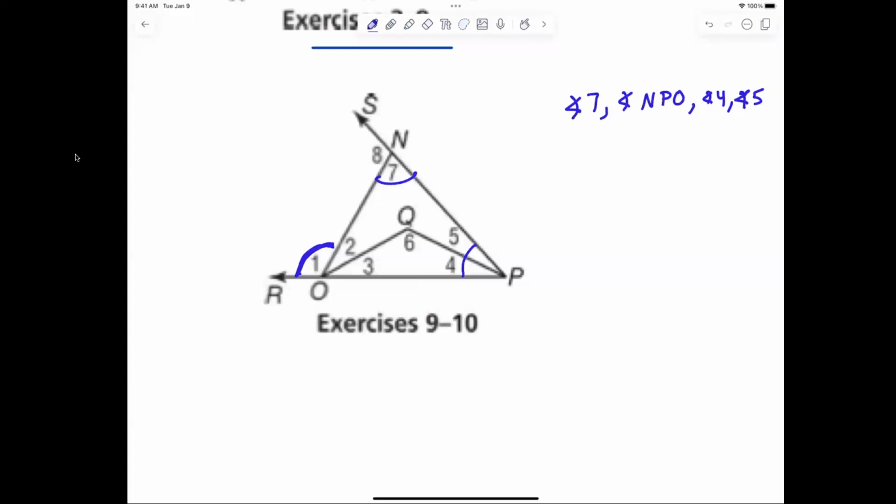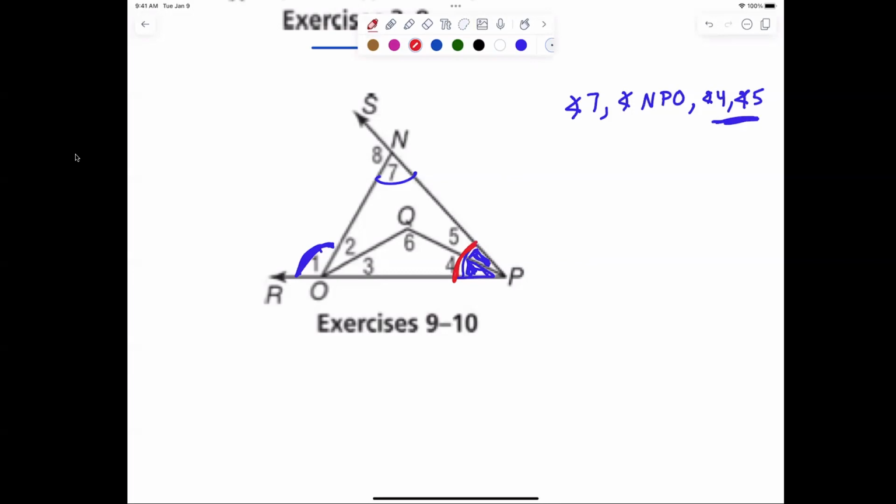Is it just 5 and 4? Oh, it's just 5 and 4. But did we already say that? Well, no, you're talking about this right here? Yeah. They're individual though. Angle 1 is greater than this angle right here, and greater than this angle right here, and greater than the whole angle.